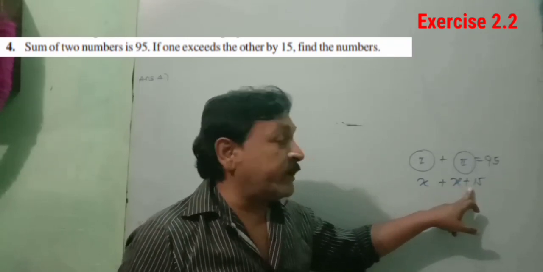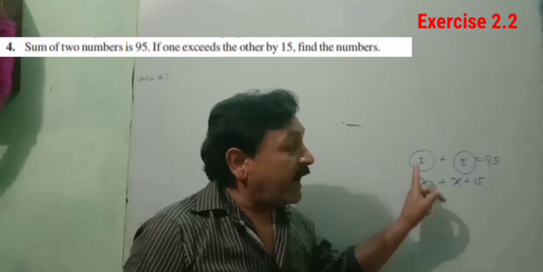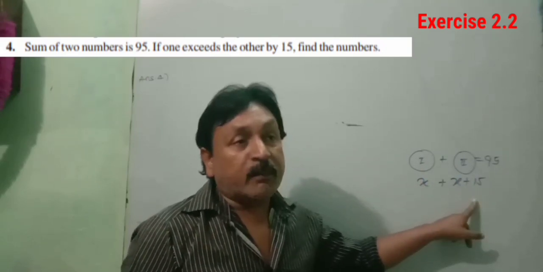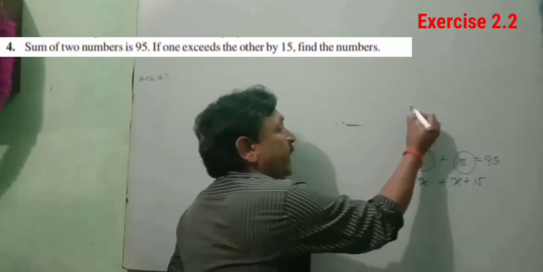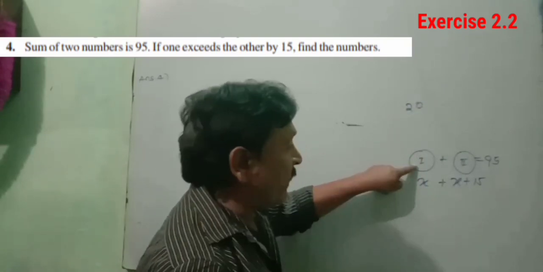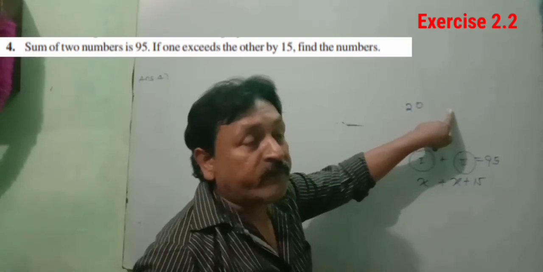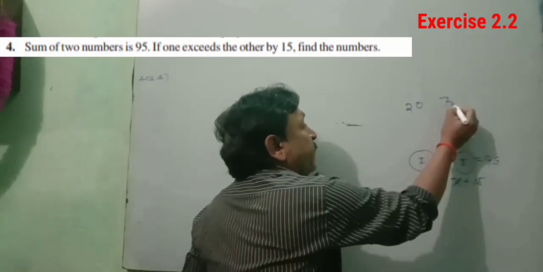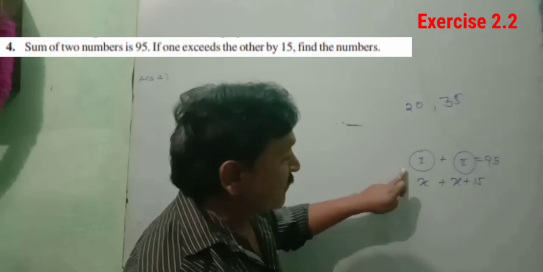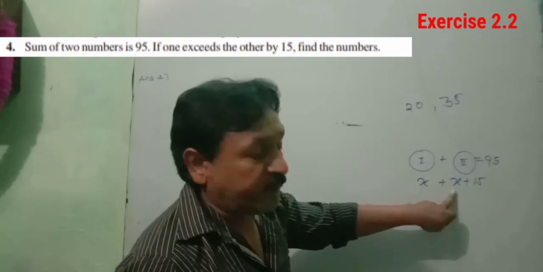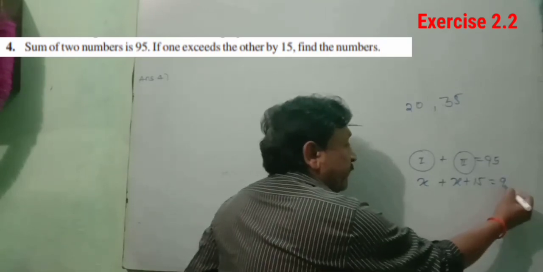Because in this question it is said one number exceeds the other. Exceed means more, increased. It means if the first number is 20, then the second number is 15 more than this, so it can be 35. This was just one example. So we will take the first number x and the second number x plus 15, and their sum is equal to 95.